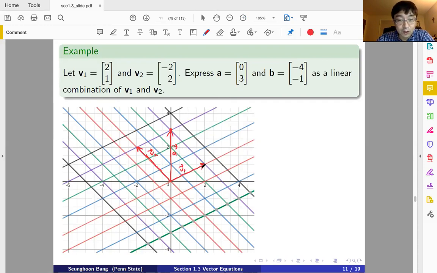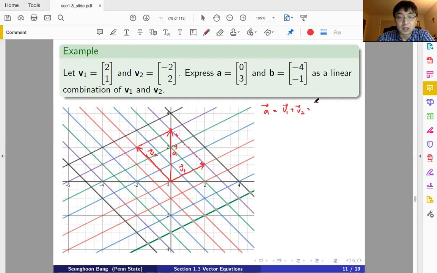Vector v1 plus vector v2, you can draw the parallelogram, like this, and that is exactly vector A. So vector A is vector v1 plus vector v2.